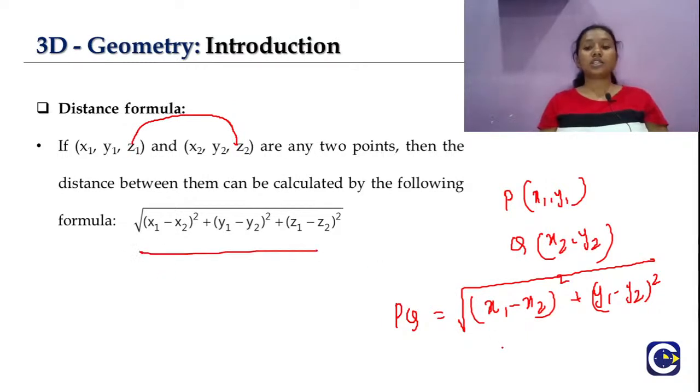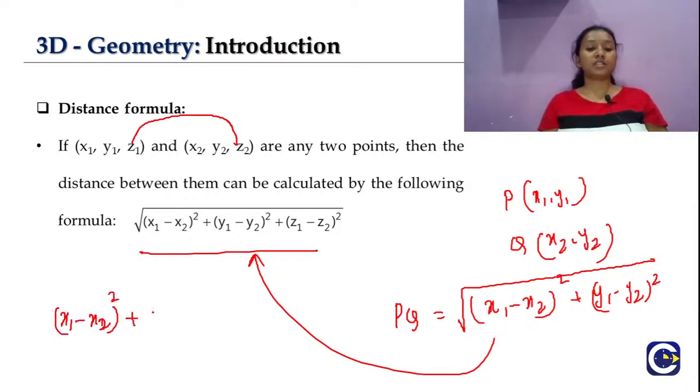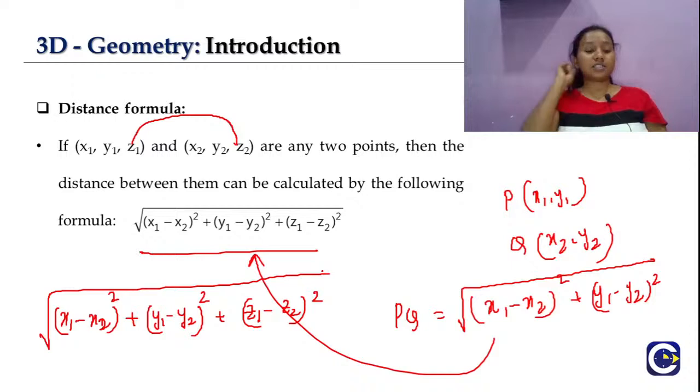So this formula turns out, in 3 coordinates, to be the square root of (x1 minus x2) whole square plus (y1 minus y2) whole square plus (z1 minus z2) whole square. So it's as simple as that.